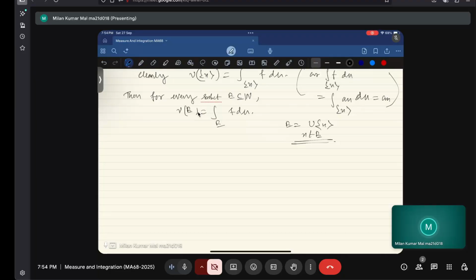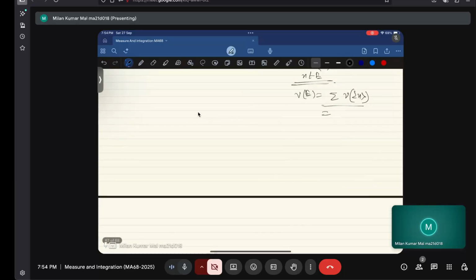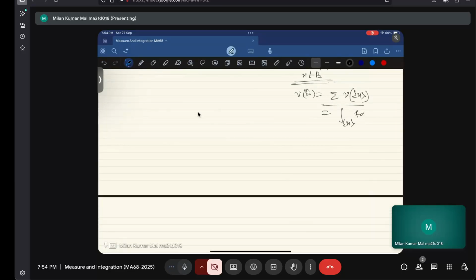So now the measure of the set is actually the summation of the measure of the sets {n}, and this will give the integration over the singleton set of f d mu, which can be written as the summation of the integrals of f d mu, because mu is the counting measure, so this will hold.